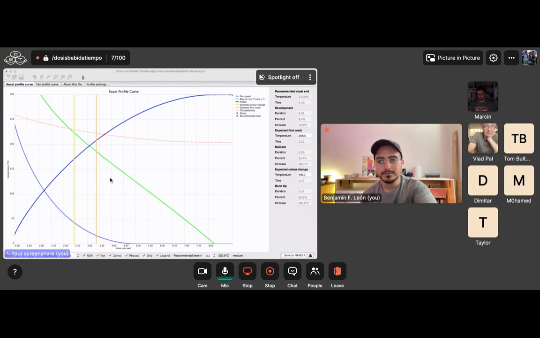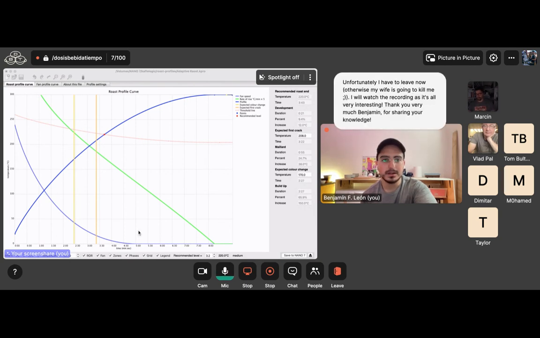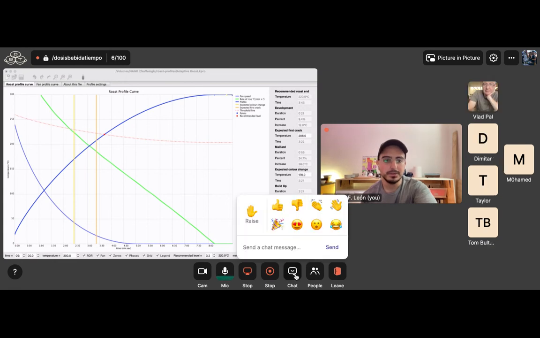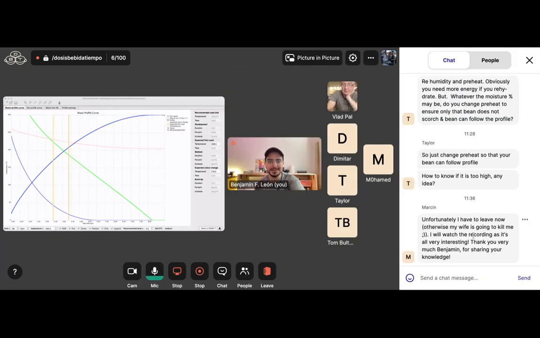You would probably need a lot of preheat to do that in general. So just don't do weird things. Staying within reasonable ranges is usually pretty good most of the time.